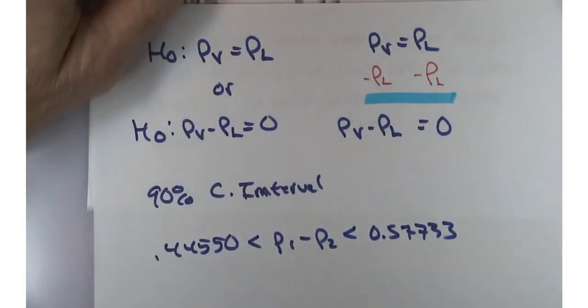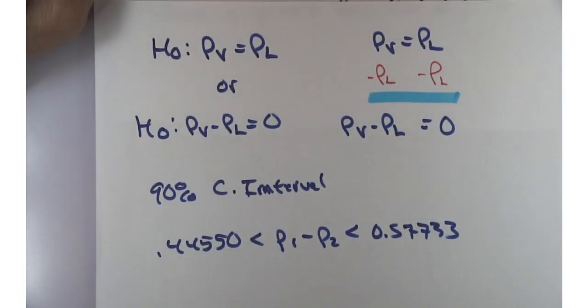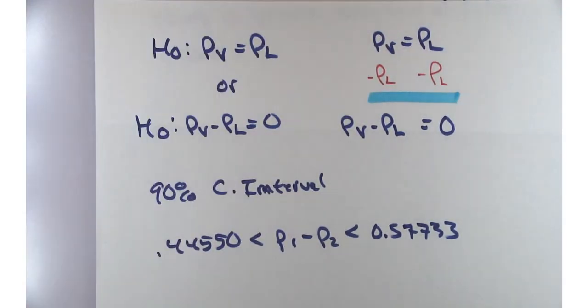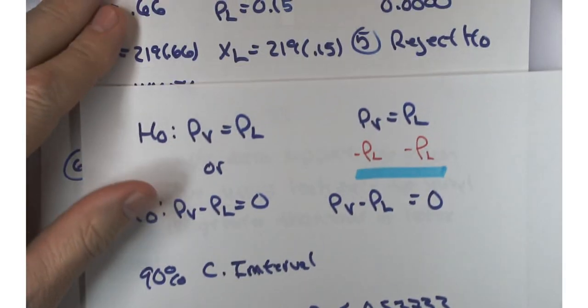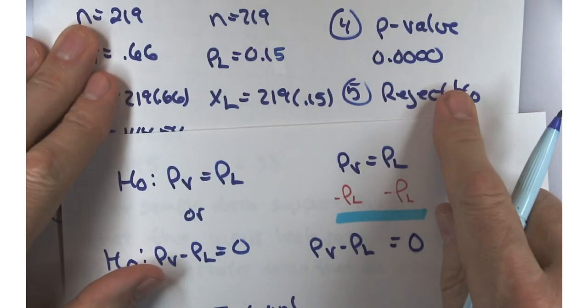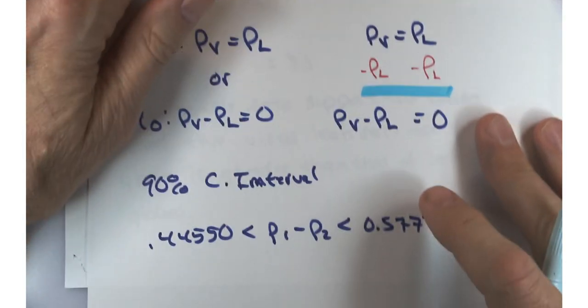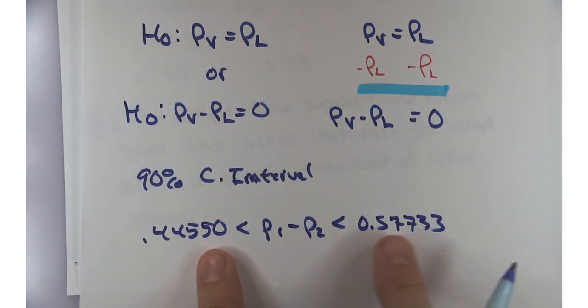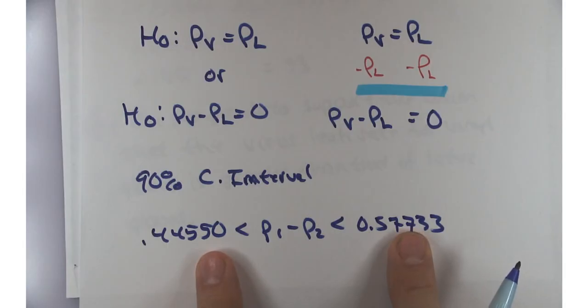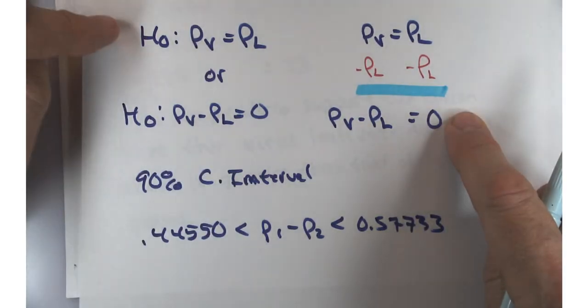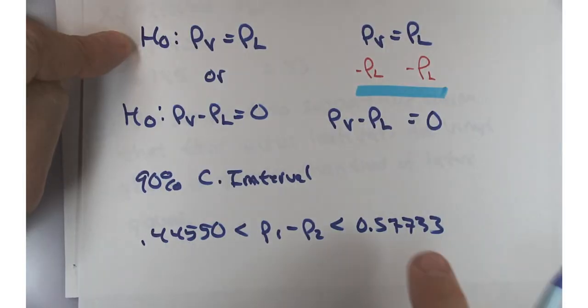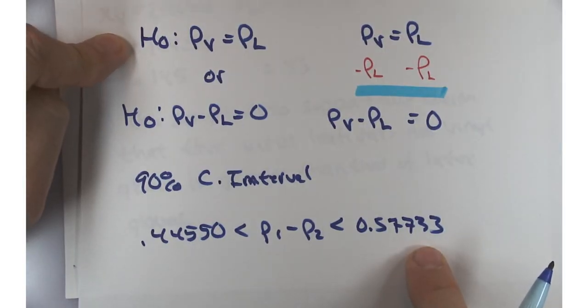Now our decision in this problem was to reject H naught. That's what we decided back here because we got a p-value that was less than alpha. Is this confidence interval consistent with that decision to reject H naught? Are these things saying the same thing? I got a no and a yeah. Why no? Why yeah?